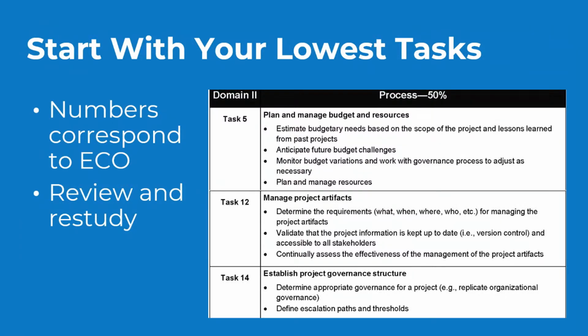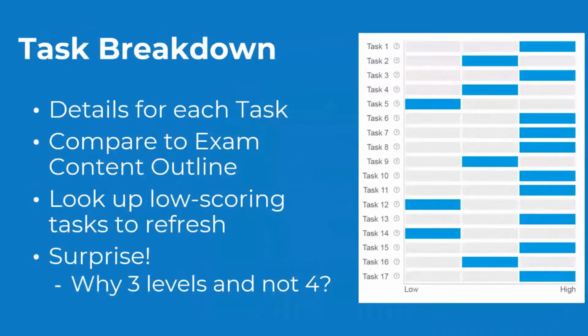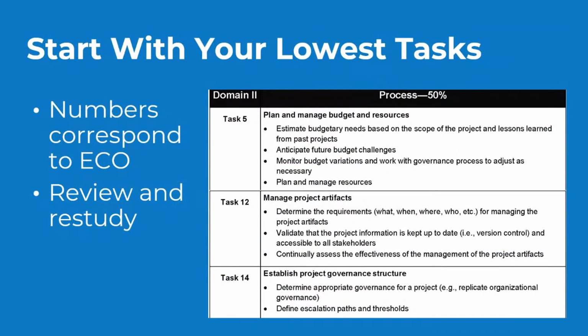Task 5 is plan and manage budget and resources. Task 12, you can see the one in the middle there, is manage project artifacts. And task 14, establish a project governance structure. So those were the 3 tasks where this sample person did not do so well.